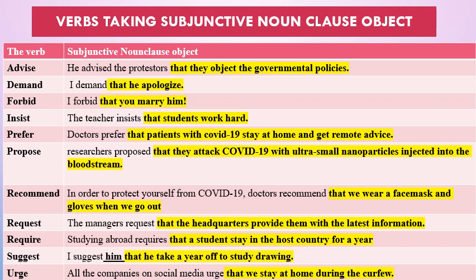For example, some speakers, particularly British speakers, they would say they advise the protesters that they should object the governmental policies. However, Americans delete that should, and because our textbook follows the American style, we are following the same style here. I demand that he apologize.